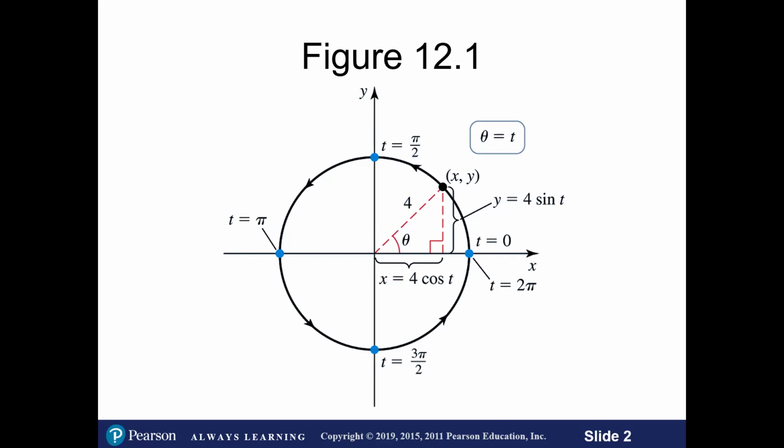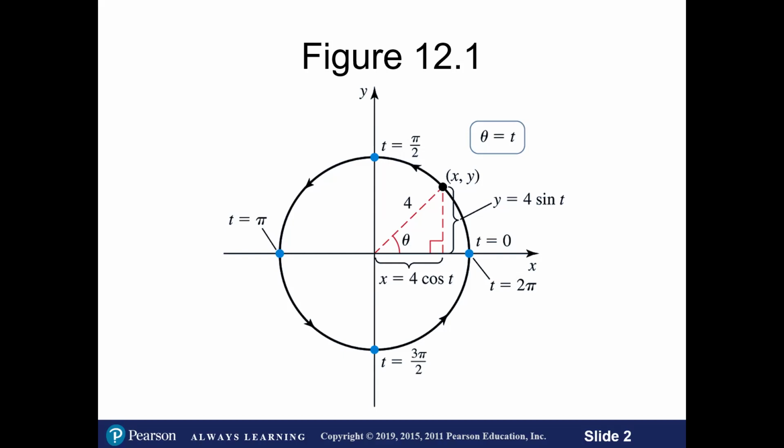And as we keep changing t, as we vary t, each time we change t, we have the equations 4 cosine t and 4 sine t to tell us what the xy points are. And that's what parametric equations basically are. They describe a path.